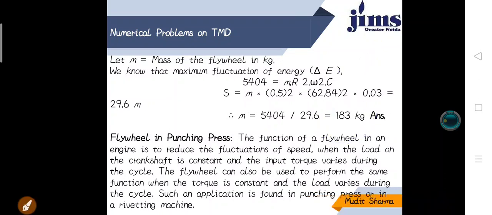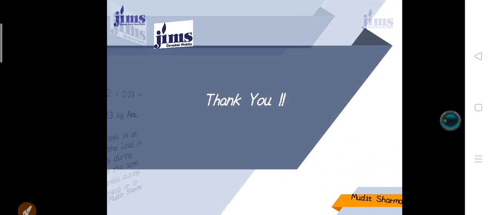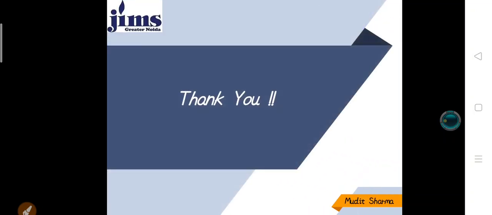Now this is the last topic, flywheel in a punching press. The function is the same as the flywheel. The function of a flywheel in an engine is to reduce the fluctuation of speed when the load on the crankshaft is constant and the input torque varies during the cycle.